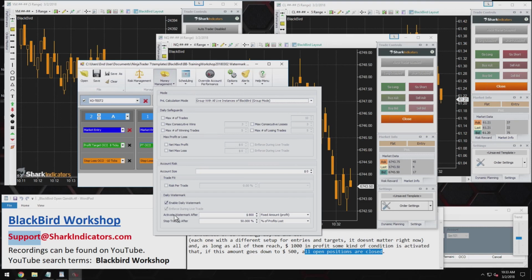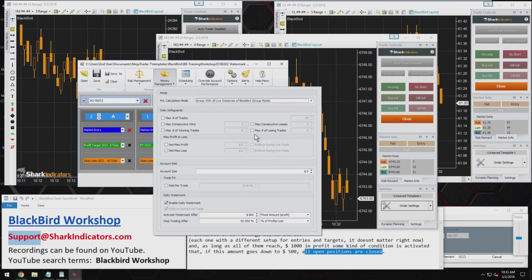Right? So basically these money management rules can operate on two different profit and loss settings. First is the individual mode. That means these money management rules are using the profit and loss of just this instance of this Blackbird.